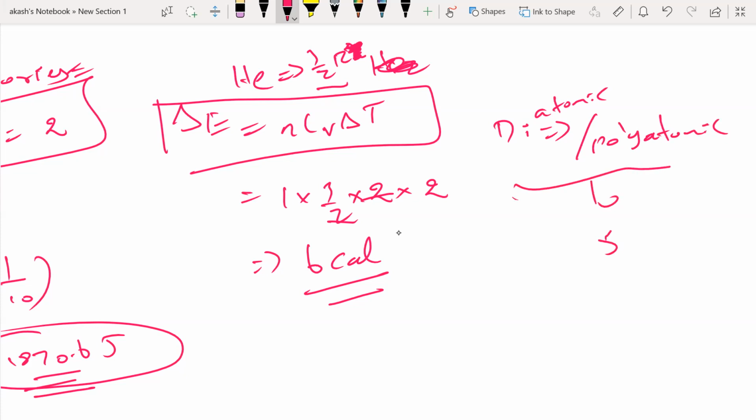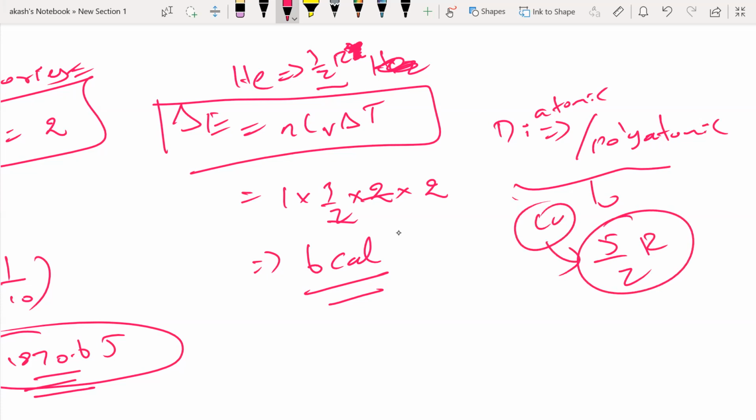For diatomic gas and polyatomic gas, you use 5 by 2 into R as the Cv value. So the answer to this question will be 6 calories. Very simple. So these are all the questions I wanted to do.